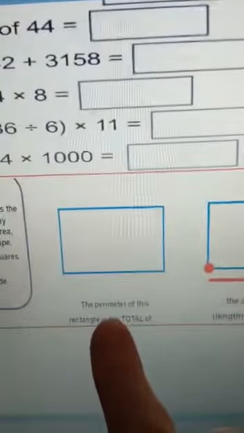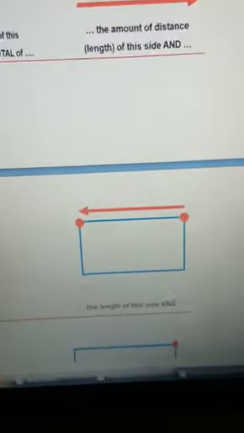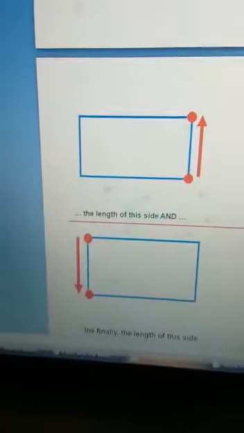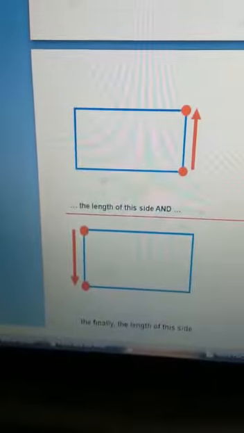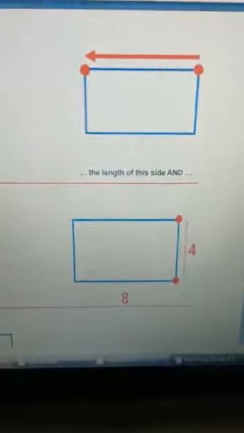So the perimeter of this rectangle is the total of this side, the length, followed by the side, followed by the opposite length, and then the last side, short side, the width, and then you can add them up.